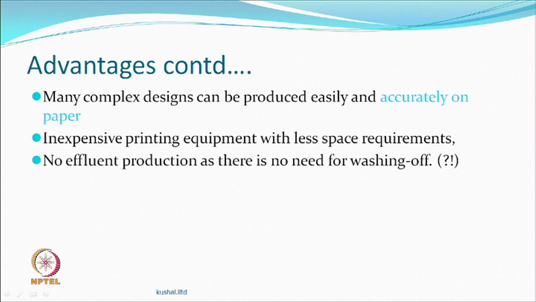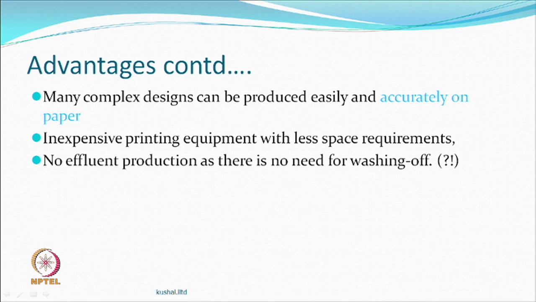But with a complex design, where the fine lines are the ones which are important to you, it is very easy to print accurately on a paper. And so, printing machinery and equipment are relatively inexpensive and would require less space. Okay.